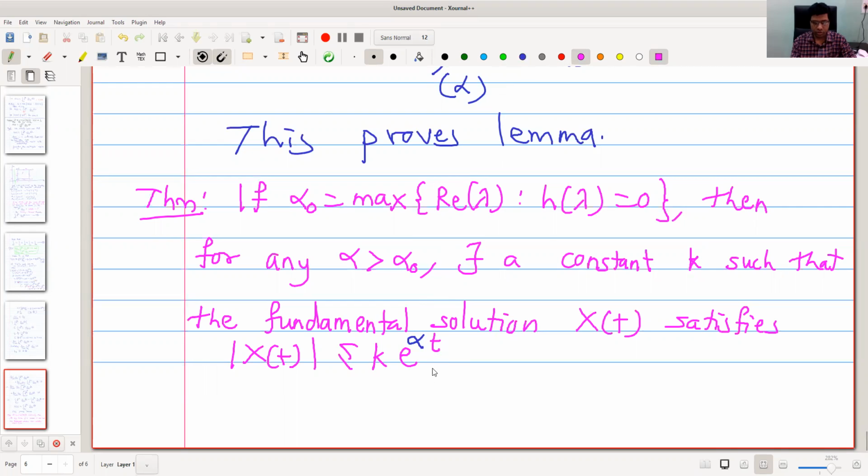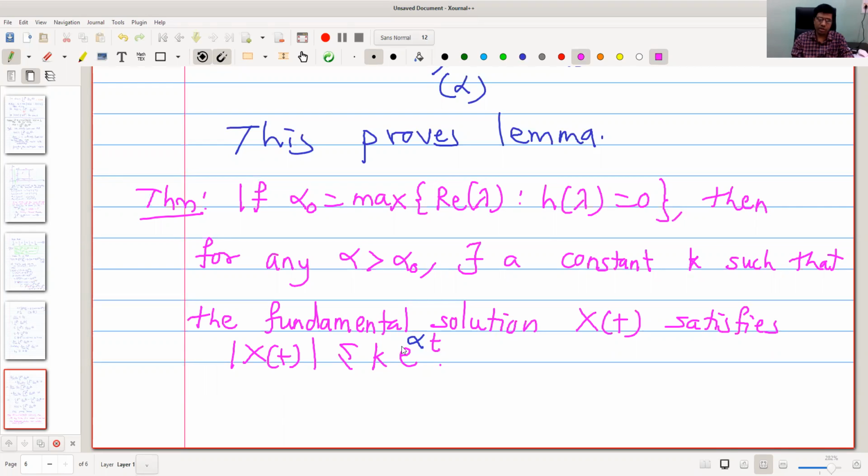Okay, so we have already seen a similar bound for the fundamental solution: mod of x of t is less than or equal to a e raised to b t, and those a and b were depending on the delay r and the coefficients capital A, capital B in the homogeneous delay differential equation x dot of t equals a x of t plus b x of t minus r.